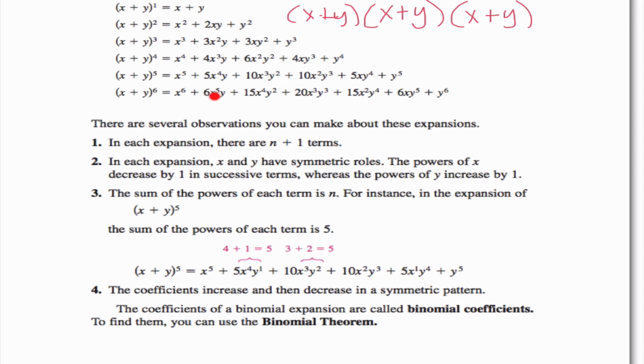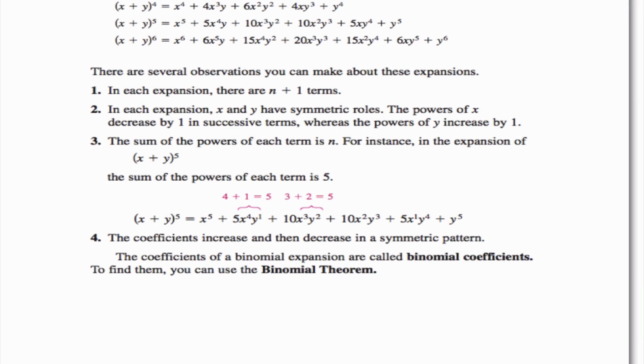The coefficient for the second term is the same as the coefficient for the second to last term. The coefficient for the third term here is the same as the coefficient of these terms. So we can see it is symmetric and it goes back and forth. So we're going to use all of these concepts to help us save some time in multiplying these binomials out.